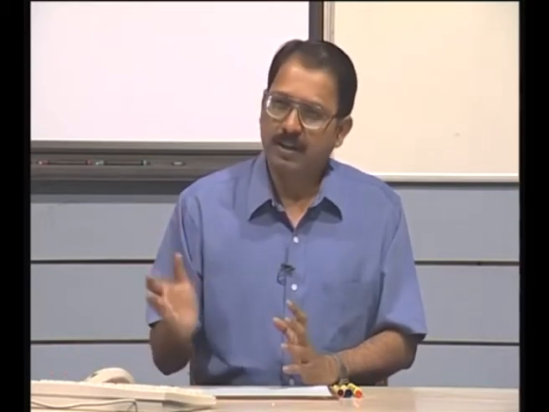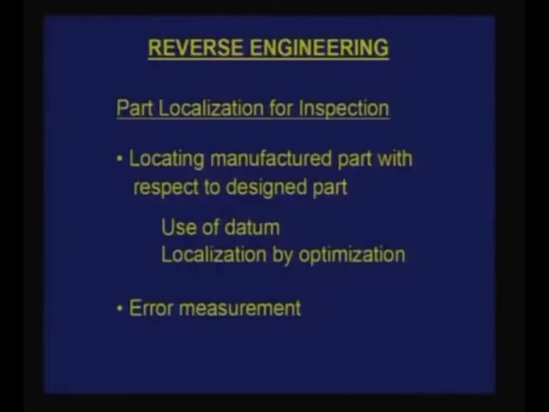When it comes to inspection, here we also have an important aspect, which is called part localization. Once I have captured the CAD model, which has been built in a CAD system or using reverse engineering software, in order to inspect I have to compare this with the design geometry.